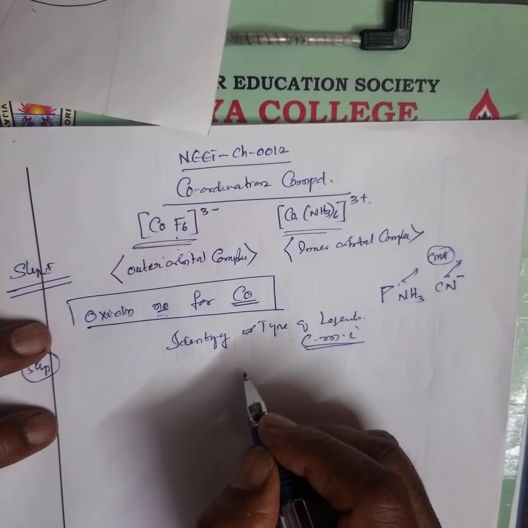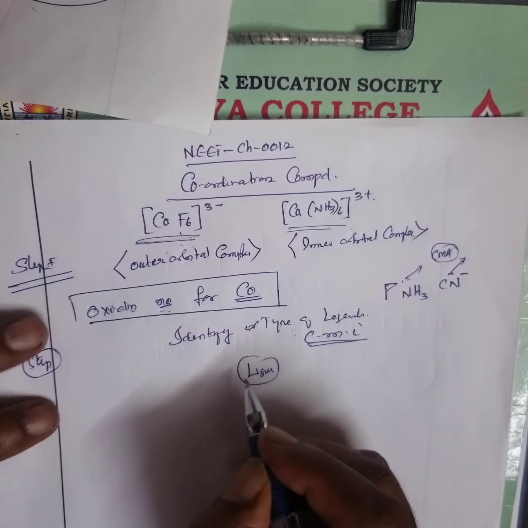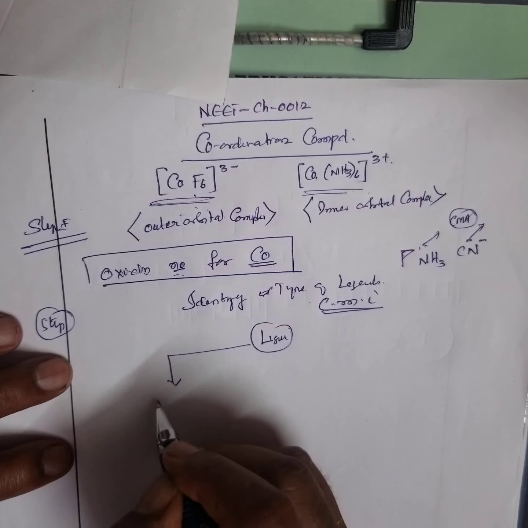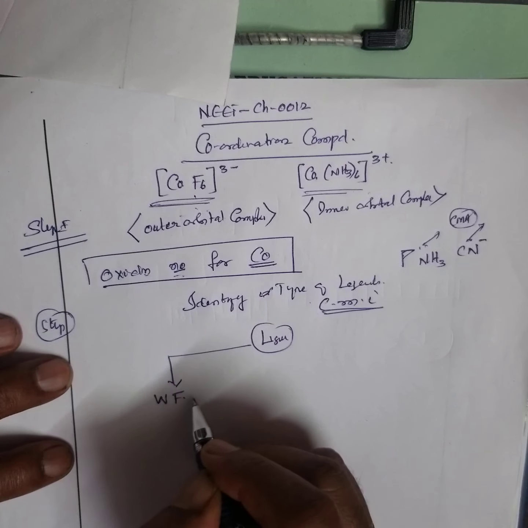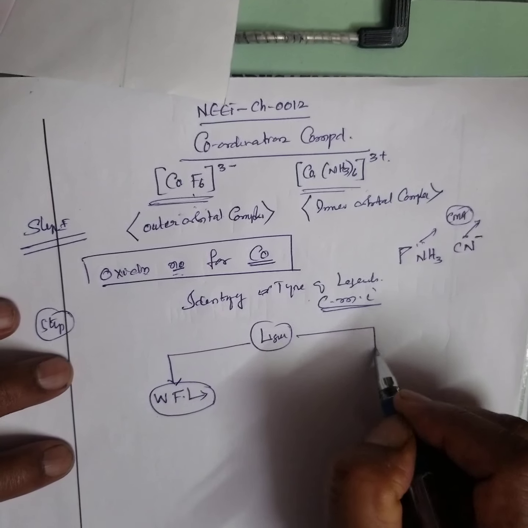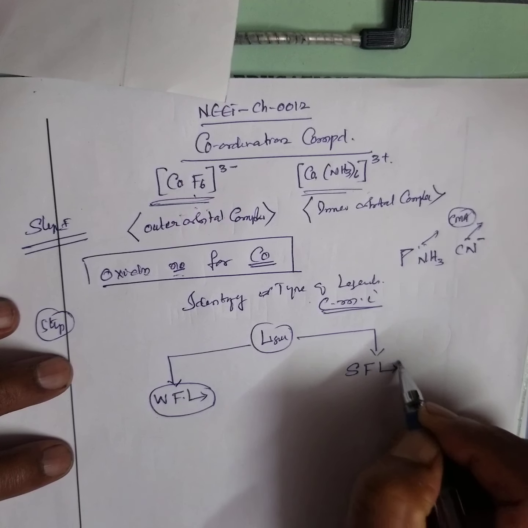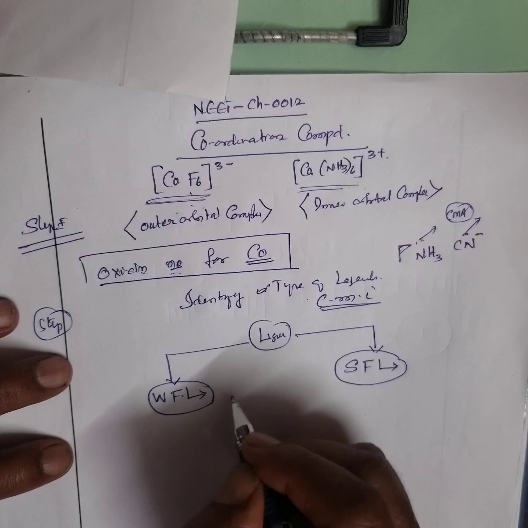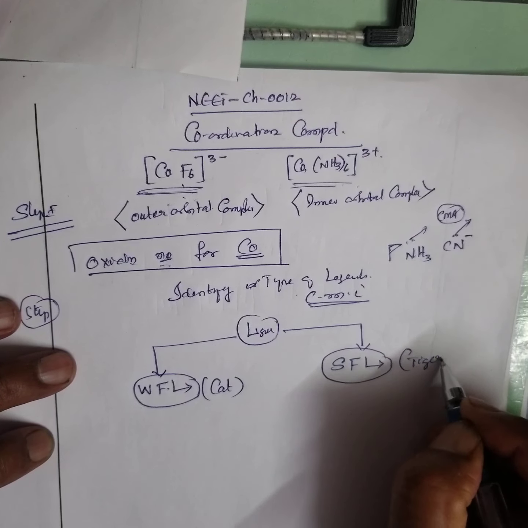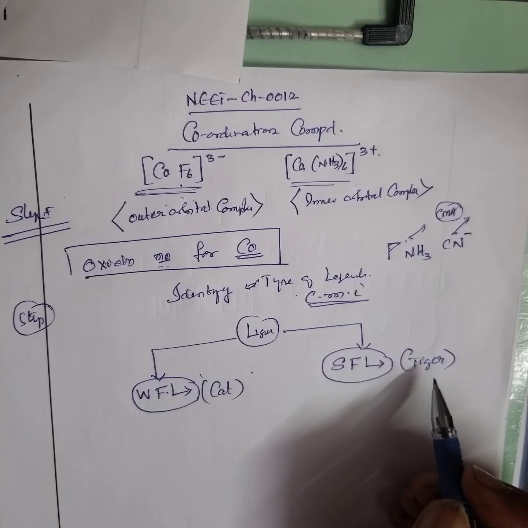Now, there are two types of ligands. One is weak field ligands. Another one is strong field ligands. Now this is like a cat, and this is like a tiger. Cat, no one is afraid of, but tiger we are very afraid of.